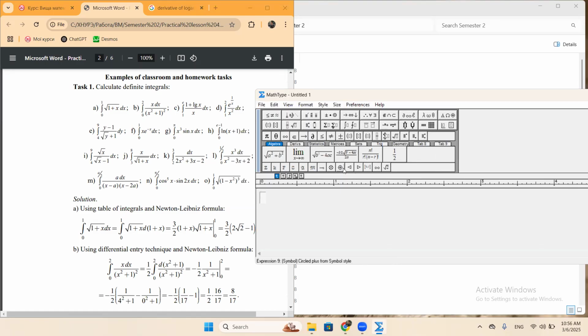So the following integral, an irrational function: 1 minus x squared, this expression to the power of 3, dx. As we remember from the previous lesson, it can be solved using trigonometric substitutions.